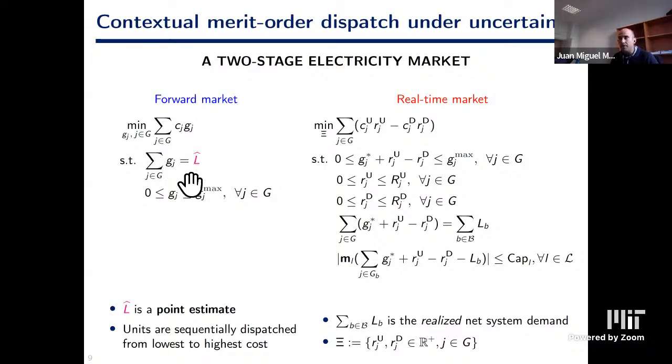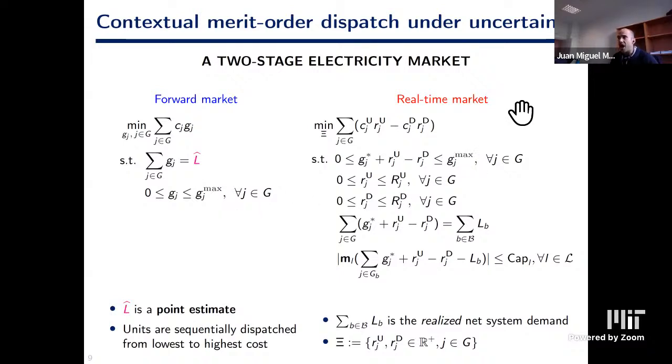This constraint here enforces the market equilibrium, that is, generation needs to meet demand. And L hat here represents a point estimate or forecast of the net system load. As I said before, the minimization of the production cost in this forward market leads to dispatching units from lowest to highest cost. This is going to be just an illustrative example.